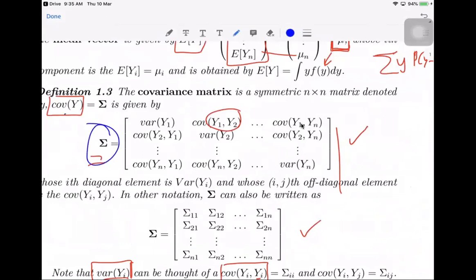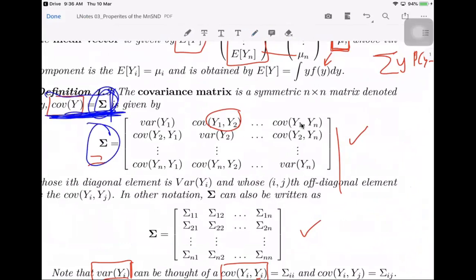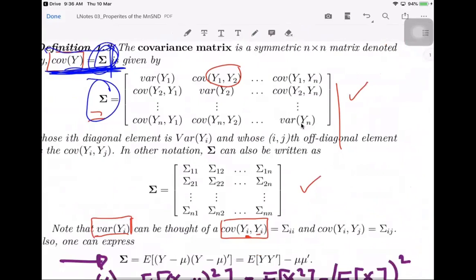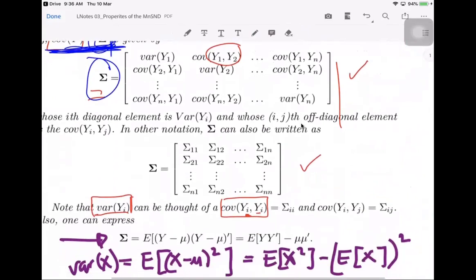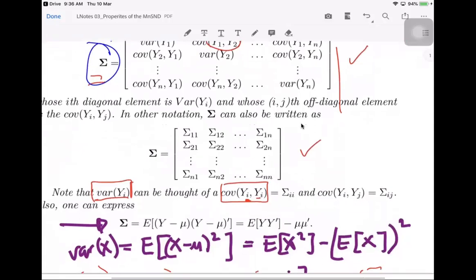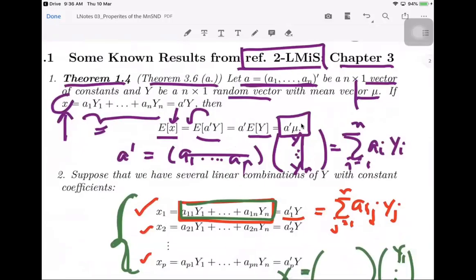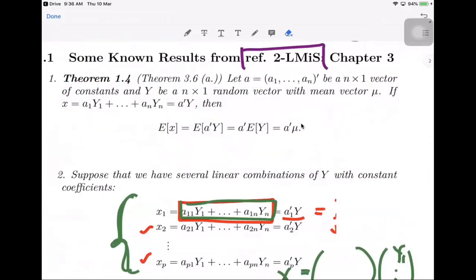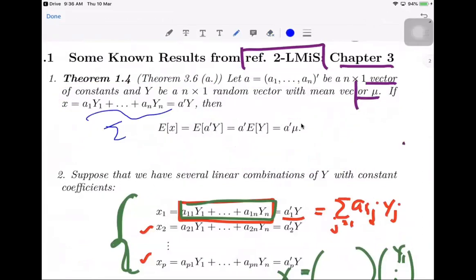Okay. Any more questions? Okay, ma'am. Yes, ma'am. This notation is not summation, it's sigma. Usually I don't use summation here, because I use sigma for the variance, the covariance matrix.